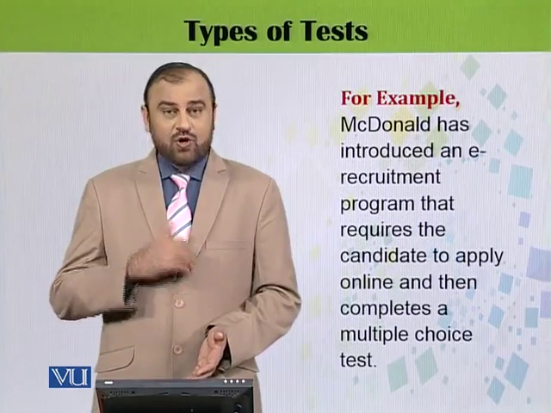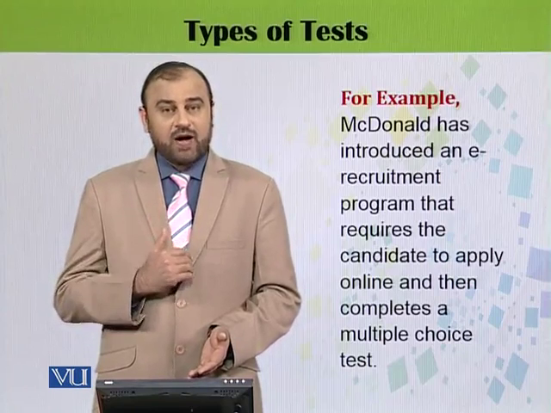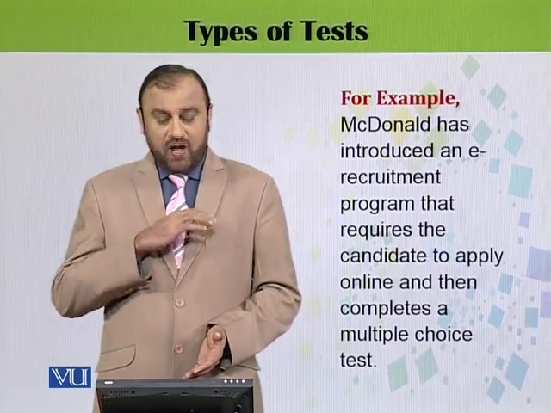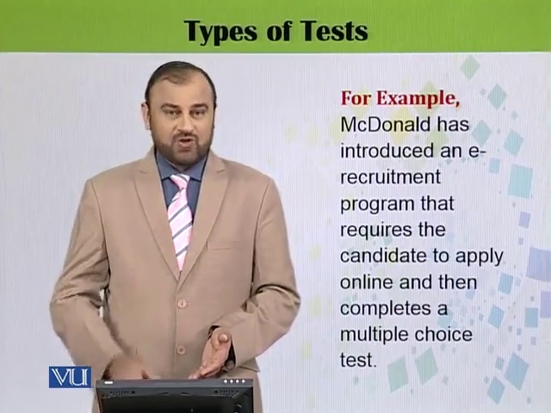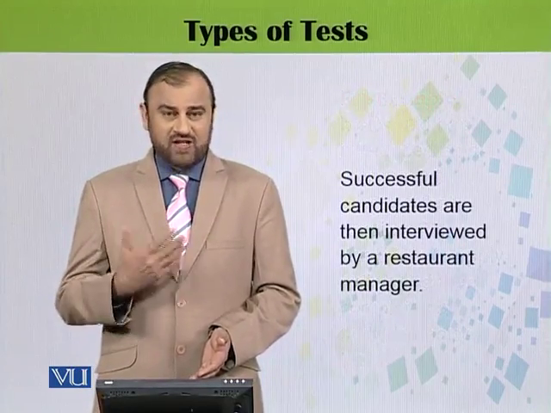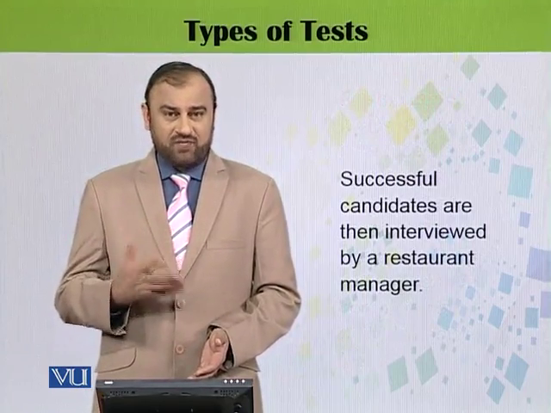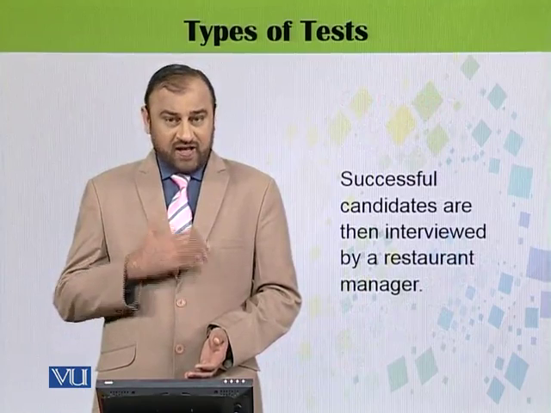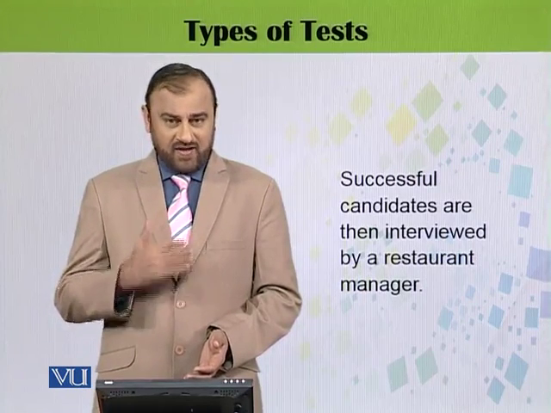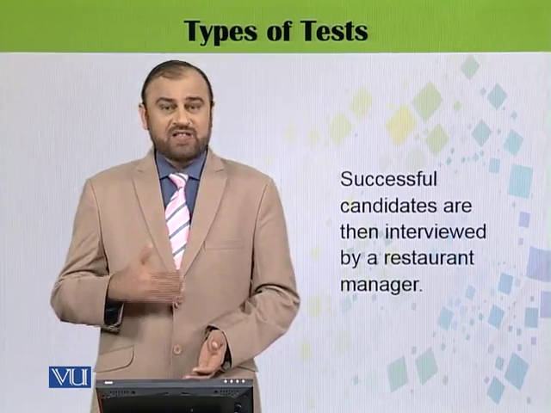For example, McDonald's has introduced an e-recruitment program that requires candidates to apply online and then complete a multiple choice test. After it, those candidates can be shortlisted, and their skills can be tested further in face-to-face mode. Successful candidates are then interviewed by a restaurant manager, and if they are successful in the interview, then they would be selected.